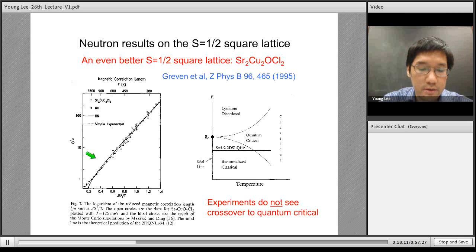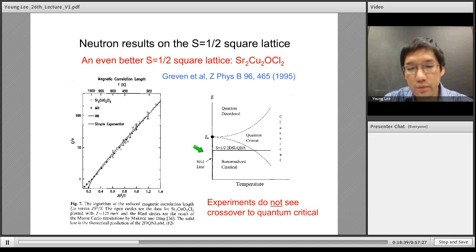And there's also comparison to quantum Monte Carlo for the Heisenberg model, and that also matches well. So it looks like the correlation length is very well understood, and it's again consistent with the fact that these real materials on the square lattice fall in this renormalized classical regime.